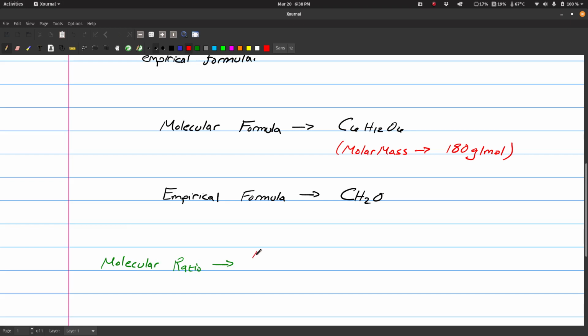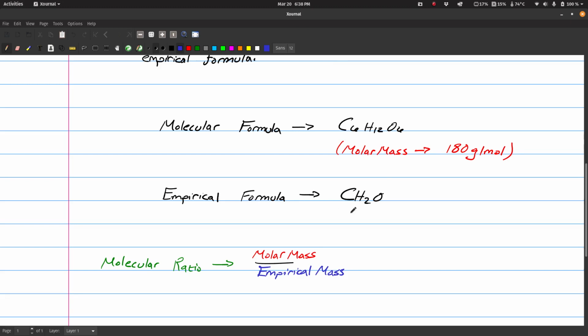So what you're going to need is the molar mass of your compound divided by the empirical mass. So we have a molar mass.